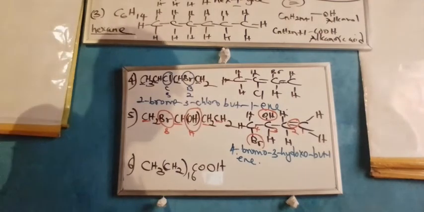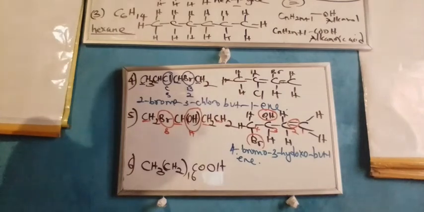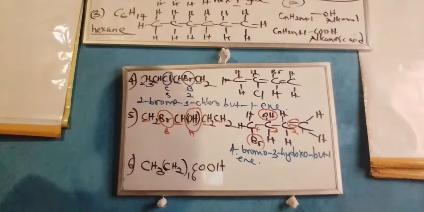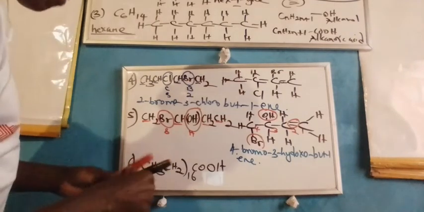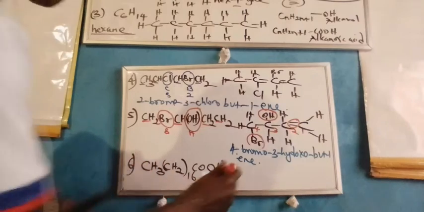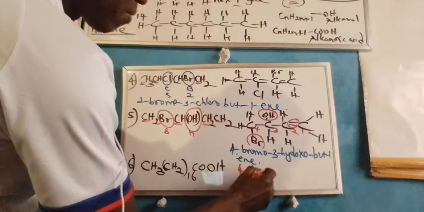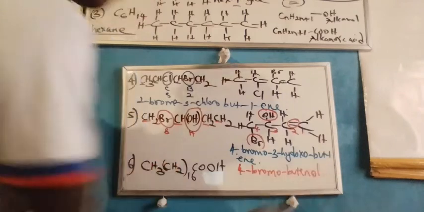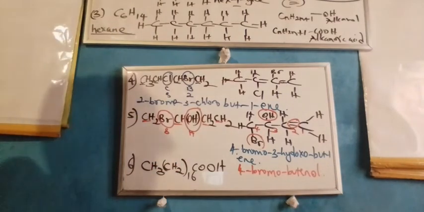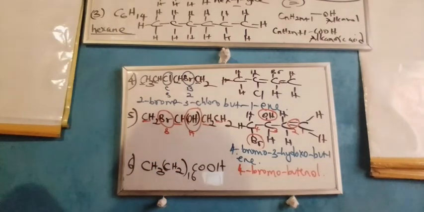In this case, we will say it is a butanol, and this butanol is in position 3. So in that case, we will say it is 4-bromobutanol. Good.